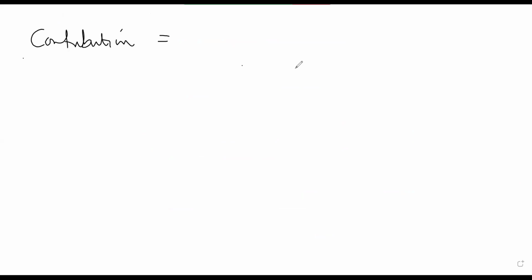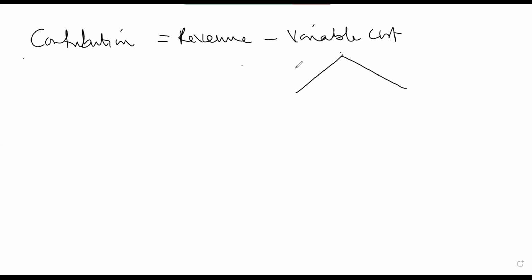Contribution is the sales or the revenue minus the variable cost. Okay, and the variable cost is what? What are the components of the variable cost? That is the direct material, direct labor, and direct expenses.